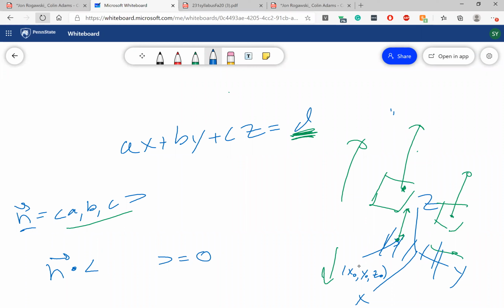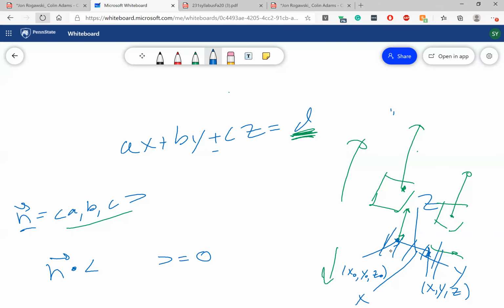Then any point lying on the plane would be the point x, y, z. So the points x, y, and z are the points lying in my plane.